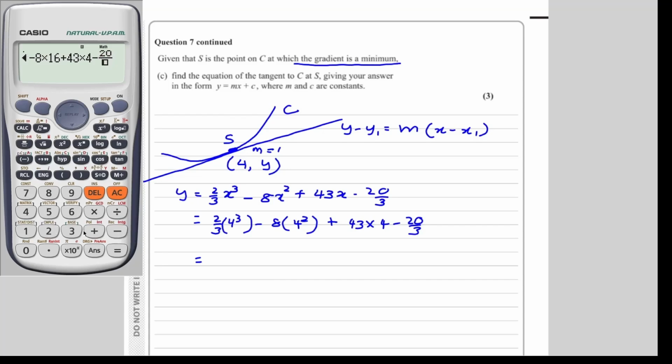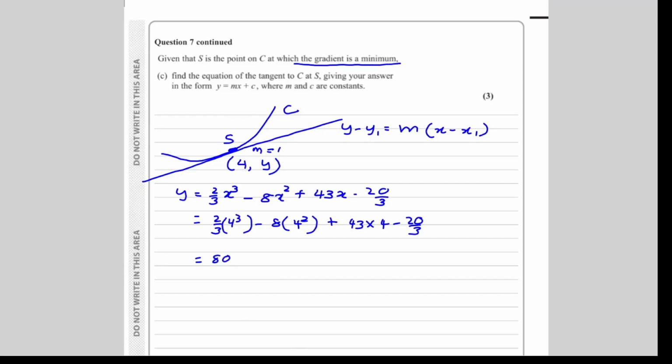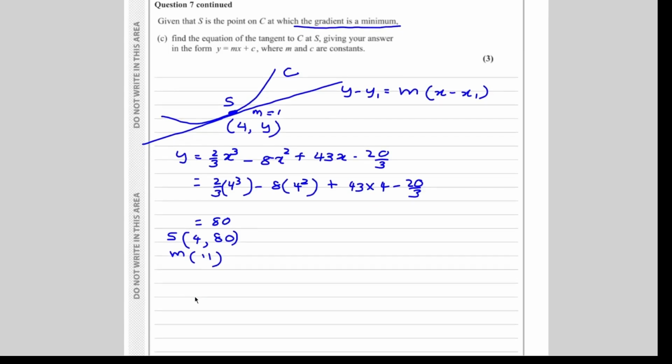We are getting 80. So the coordinate is 80. So we have the S coordinate now. S is 4, 80. And we have the gradient, which is 11. We found it. Now we can form the equation of the tangent.